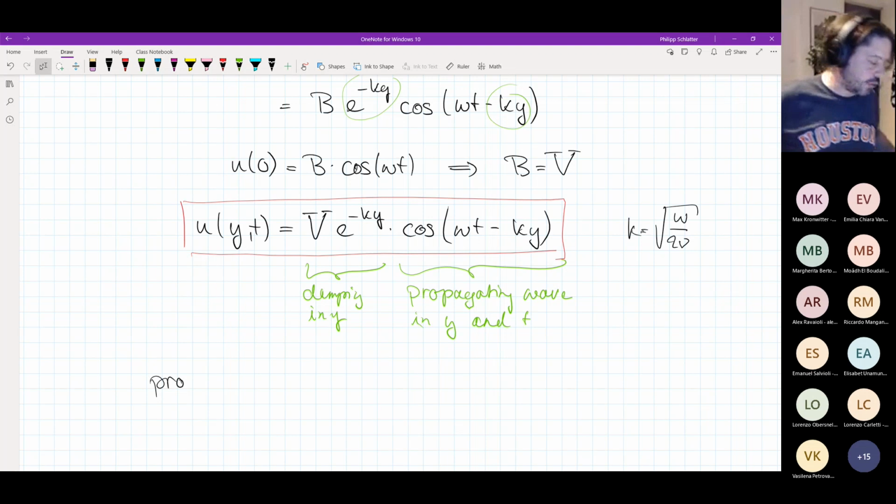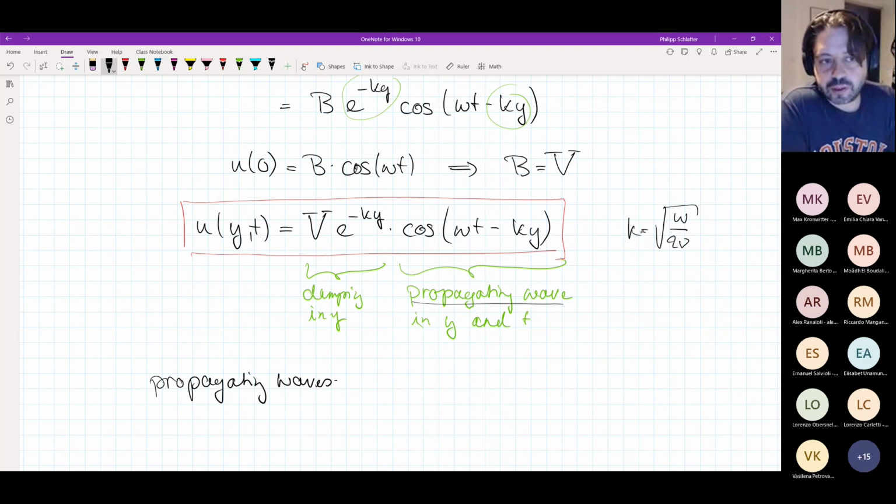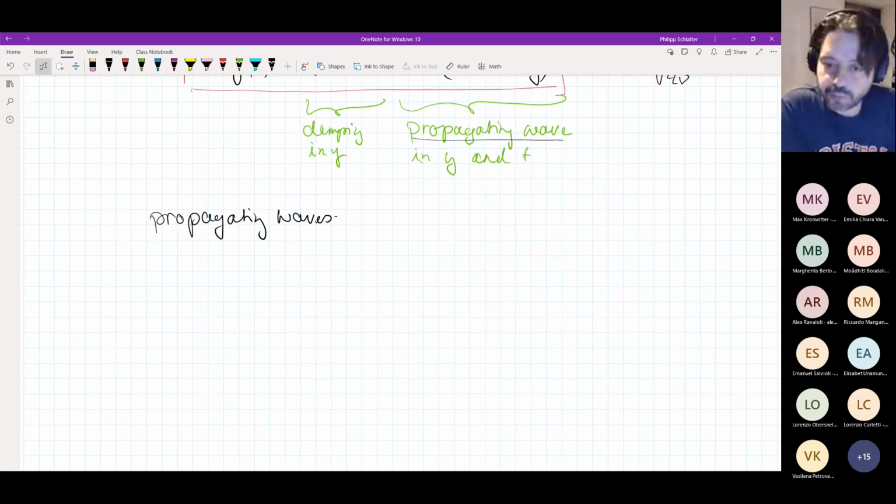So now I would like to talk a little bit more about propagating waves, because I was just saying that this here is a propagating wave, but maybe it's not clear to everyone what I actually mean with a propagating wave.